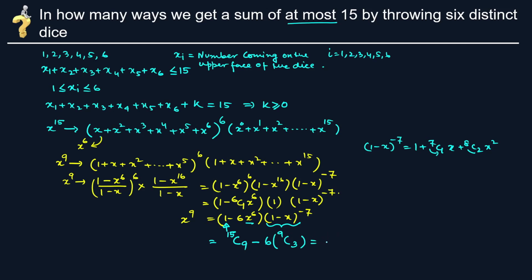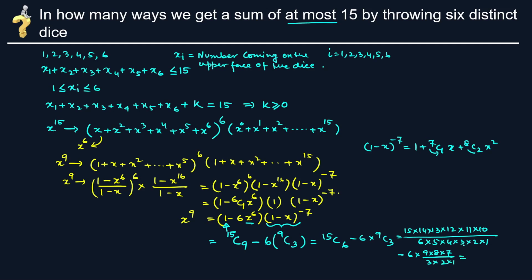So 15C9 gives us 15 into 14 into 13. Achha, let me just do one thing. 15C9 is the same as 15C6 minus 6 into 9C3. So 15C6 will give us 15, 14, 13, 12, 11, 10 divided by 6 into 5 into 4 into 3 into 2 into 1, minus 6 times 9 into 8 into 7 divided by 3 into 2 into 1.